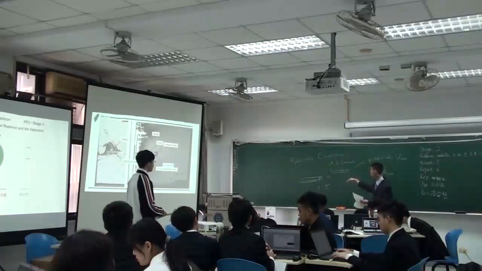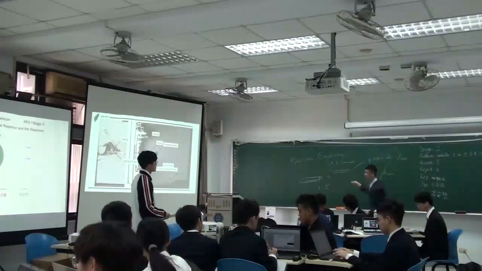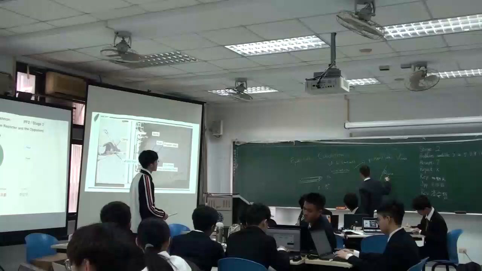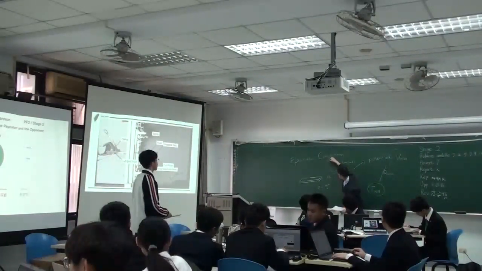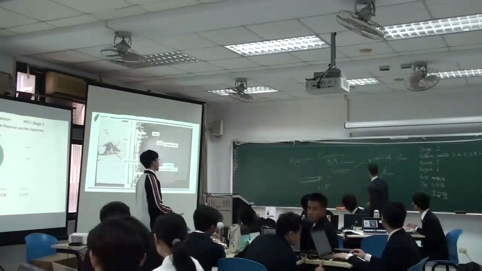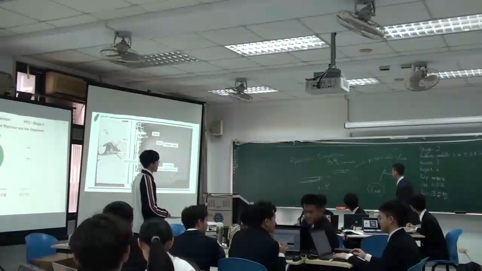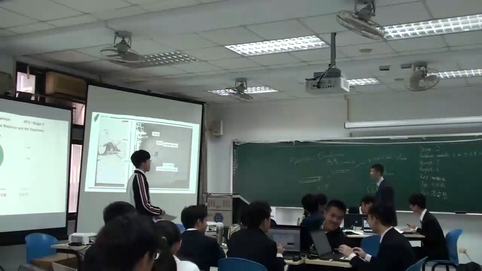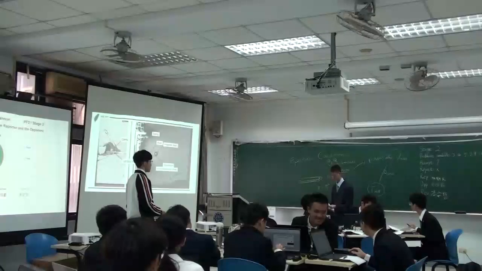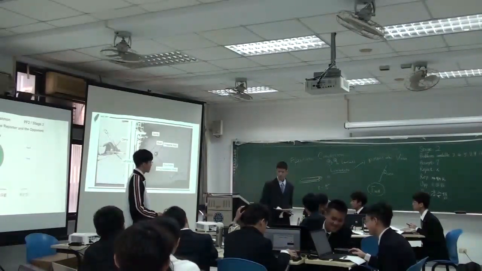So that's a geometry. But for recursion, this is first, second, third, and we can find more. I can change the slide.